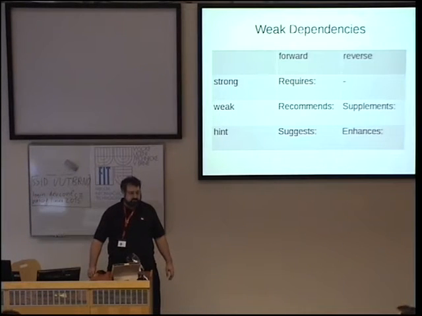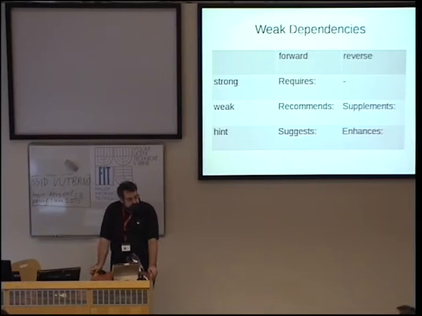One more thing about Anaconda: how these weak dependencies work, or how they are processed by our tools, affects what packages get installed by default. And it's actually independent of comps, right? Yes, it's important to know because it affects that.